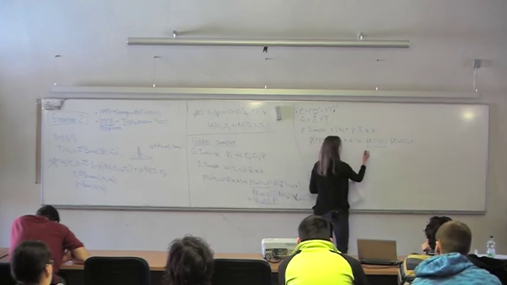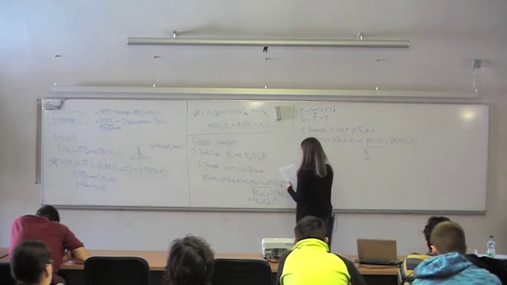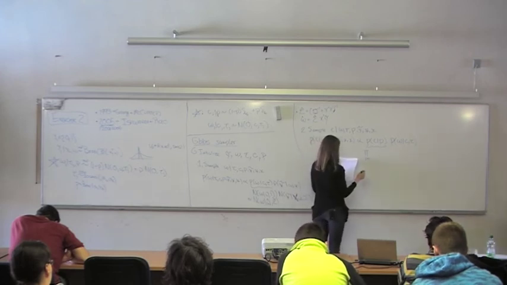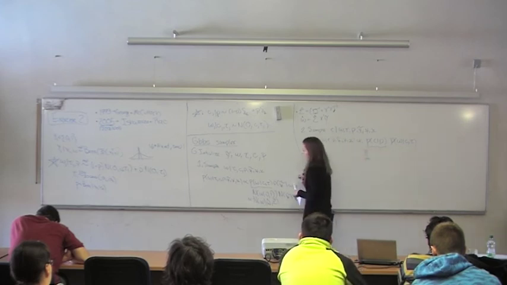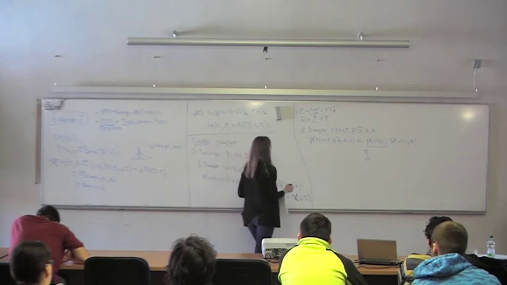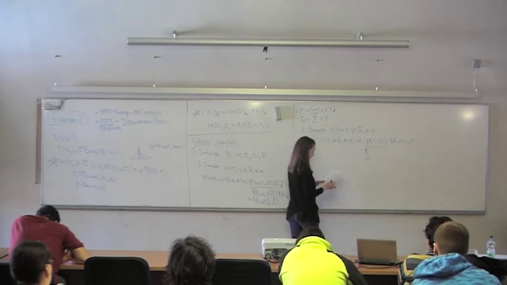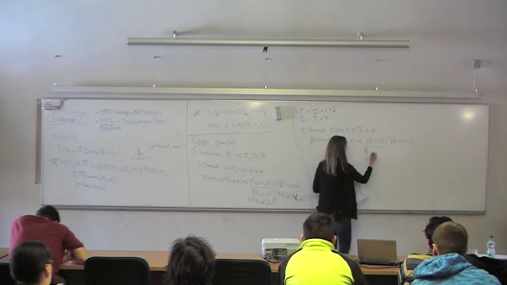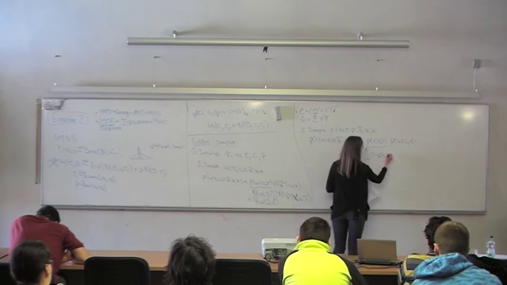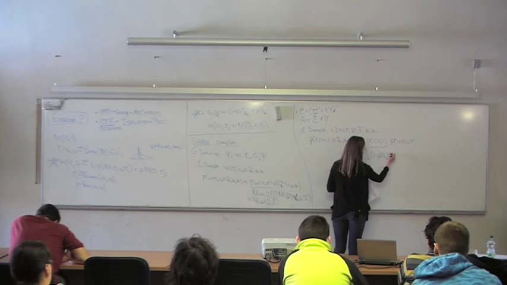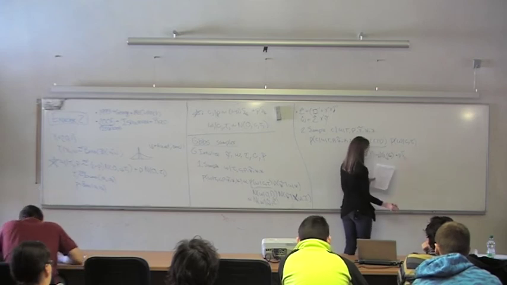So we have the product from j equal 1 to d, where d is the dimension of X, and this is a mixture of a point mass at V naught and a point mass at 1.